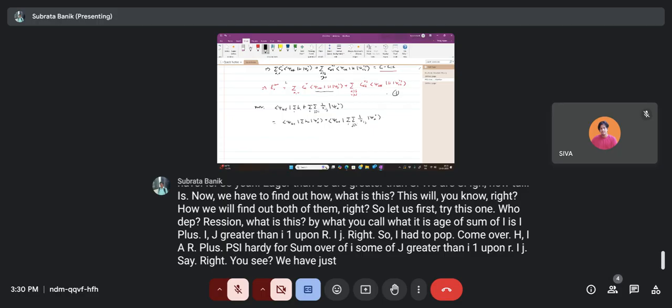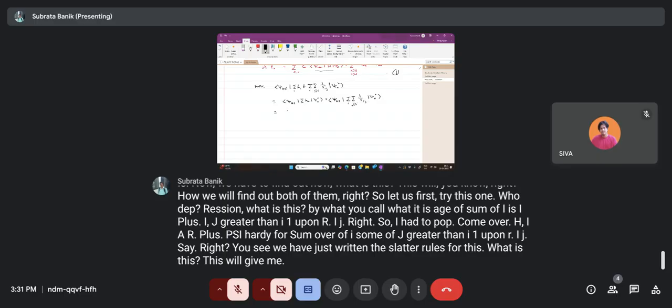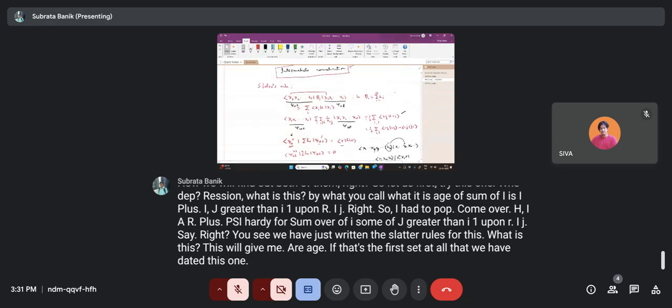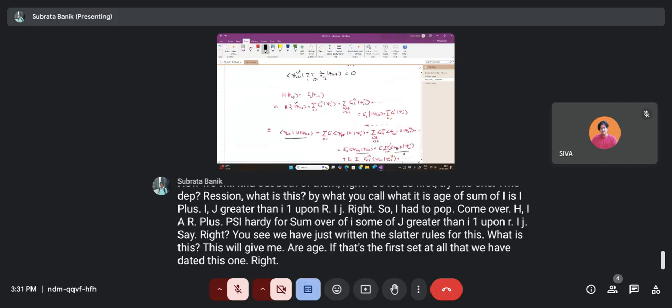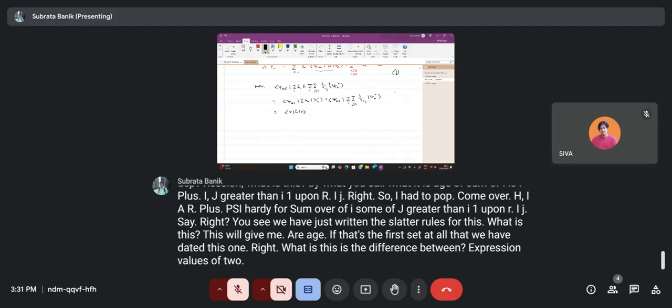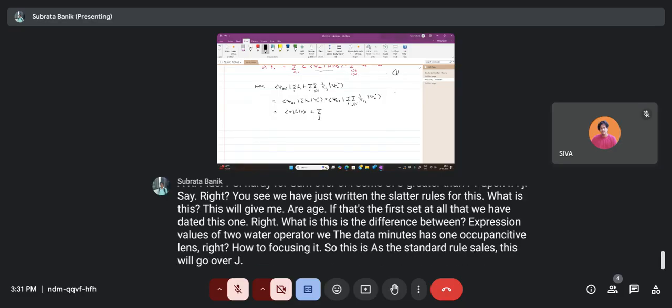You see, we have just written the Slater rules for this. What is this? This will give me h_a^r. That's the first Slater rule that we have written. What is this? This is the difference between expectation values of the two-body operator with determinants that have one occupancy difference, a singly excited determinant. So this is, as the Slater rule says, the sum over b.